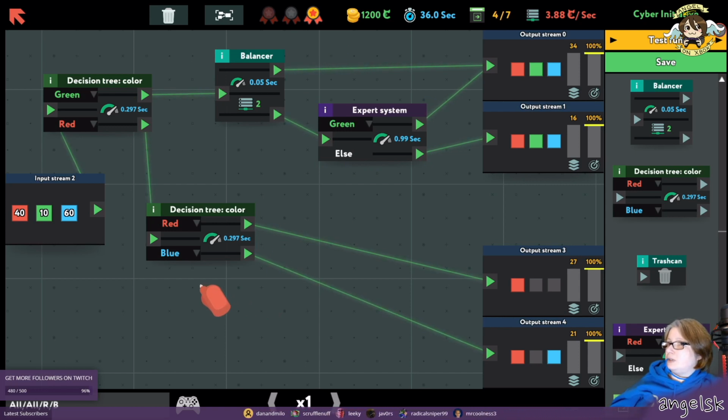We need more going to the top. We're getting 40 going to the top, and we need 50.